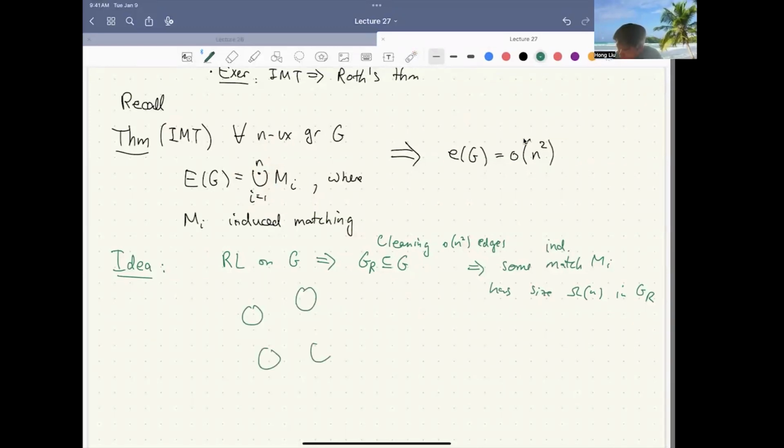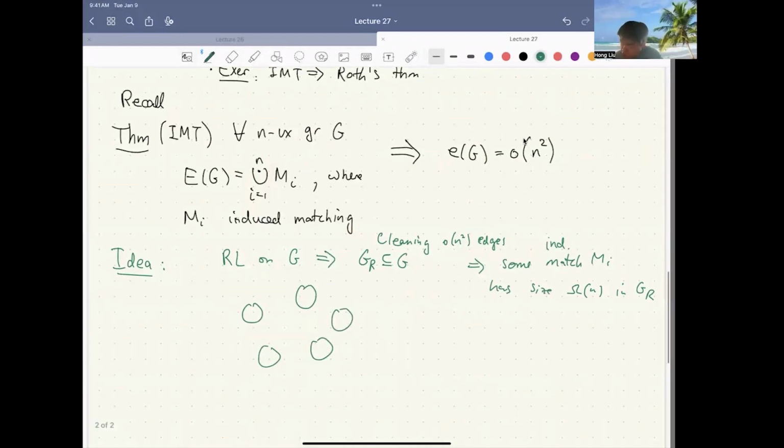The graph comes with clusters. This is the regularity partition. We only look at this matching Mi. You look at all the parts. Suppose this is the matching; it looks something like this. We further throw away all the clusters that intersect the vertex set of the matching negligibly, at most little o of n vertices.